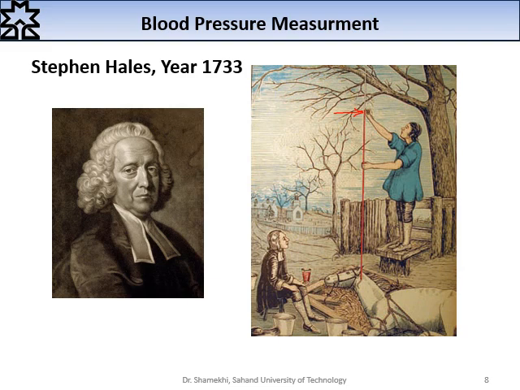Because mercury is heavier than blood and also water, the height of the mercury inside the column will be smaller than that of blood, and we can use it in our routine measuring tasks.